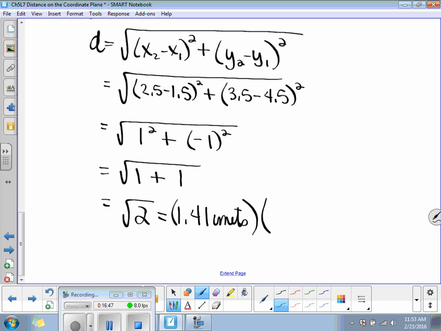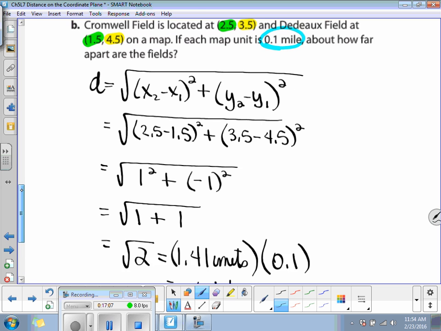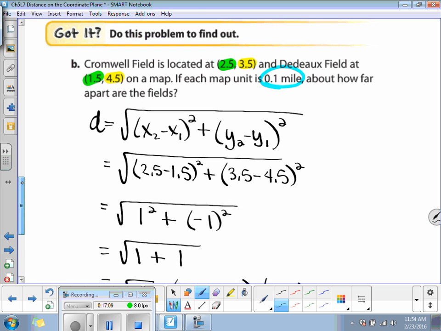This times 0.1. Okay? So 1.41 times 0.1 gives us 0.14, and that is miles.